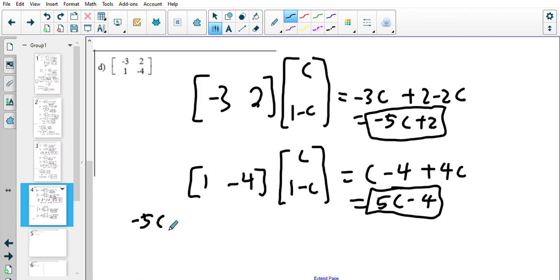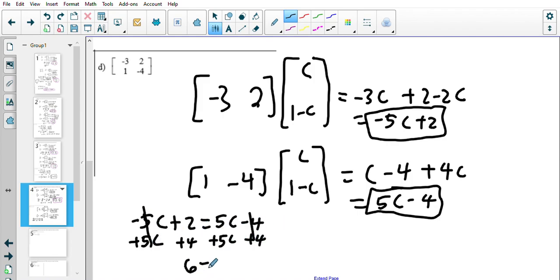Negative 5C plus 2 equals 5C minus 4. Add 5C to both sides. Add 4 to both sides. That gives us 6 equals 10C. So C equals 6/10, or 3/5.